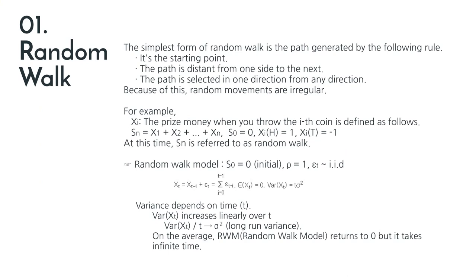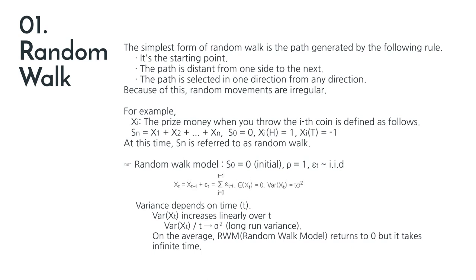It's the starting point. The path moves a distance from one side to the next. The path is selected in one direction from any direction. Because of this, random movements are irregular.